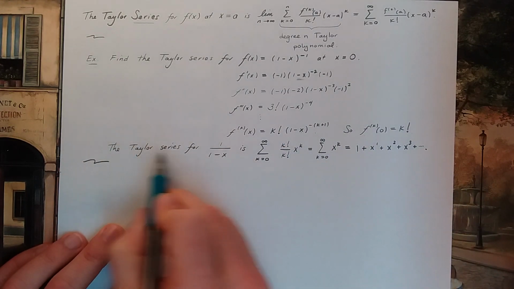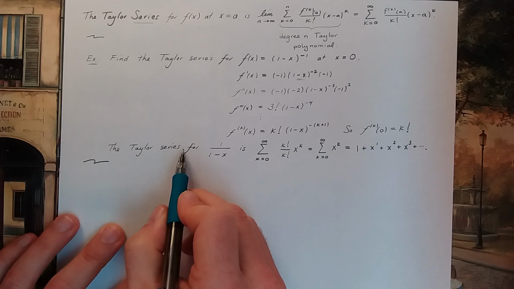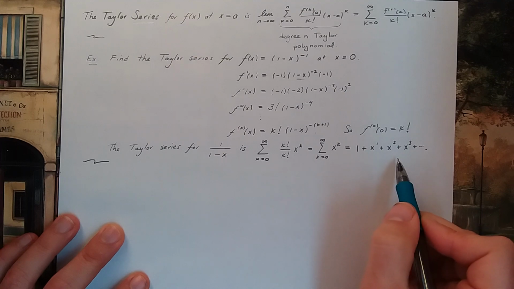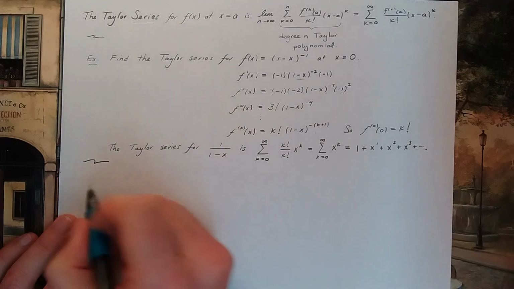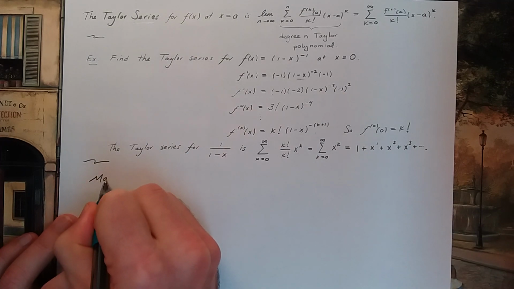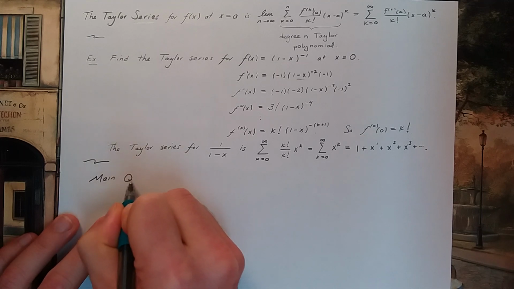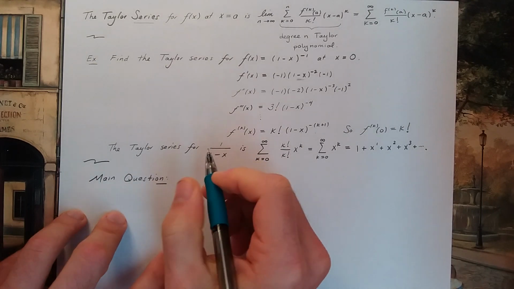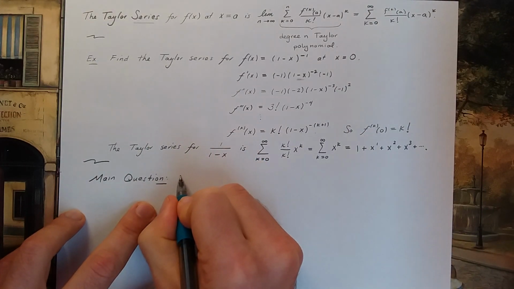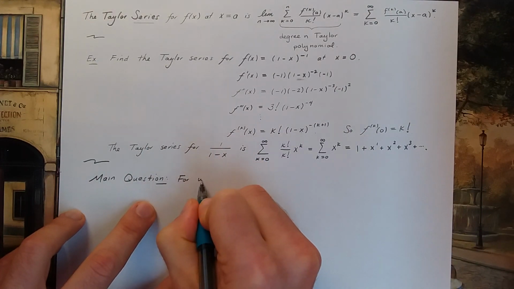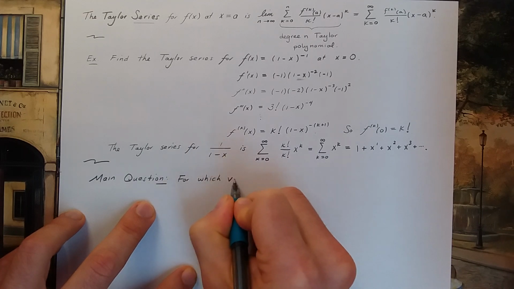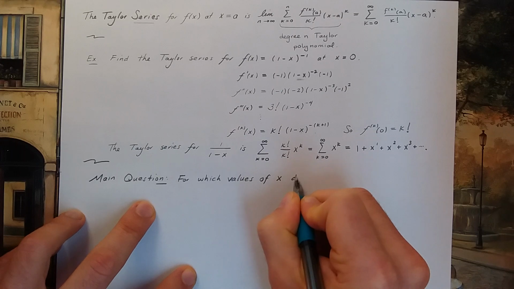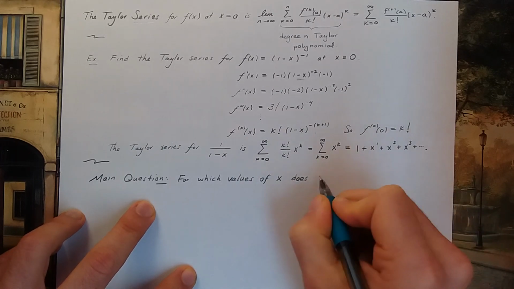So that's the Taylor series, but this gives a question. When does this thing even make any sense? So this is the main question. For which values of x does this even make sense?